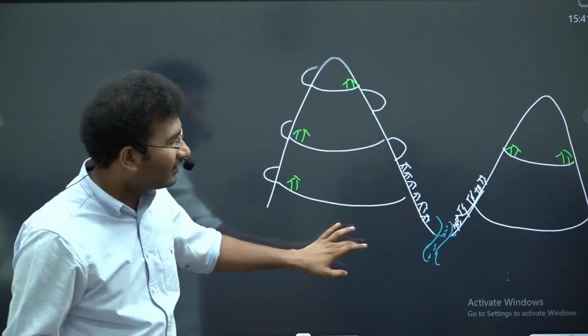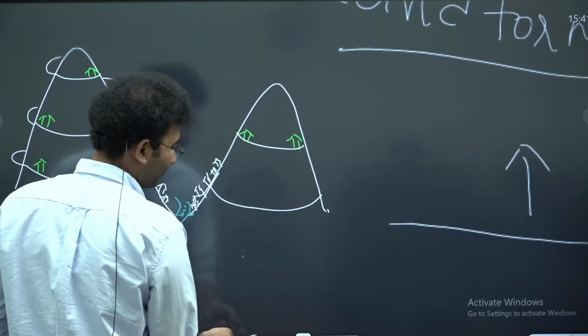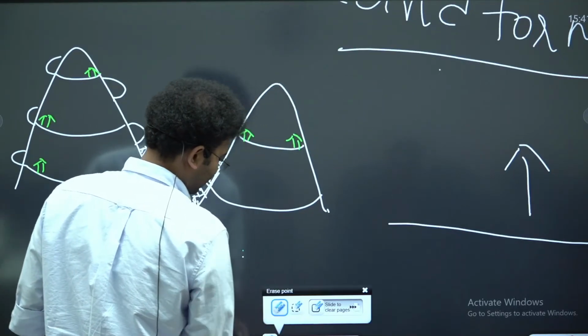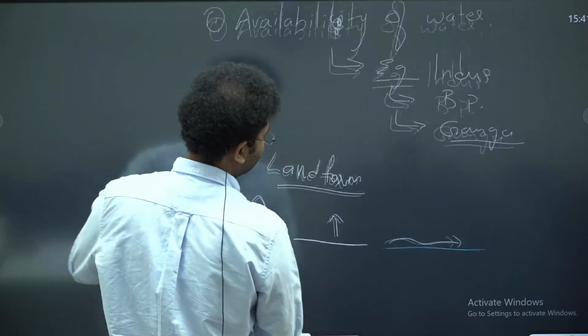Now come back, I will draw a diagram, and let me take that liberty to draw this. For example, I have a series of mountains like this, right?